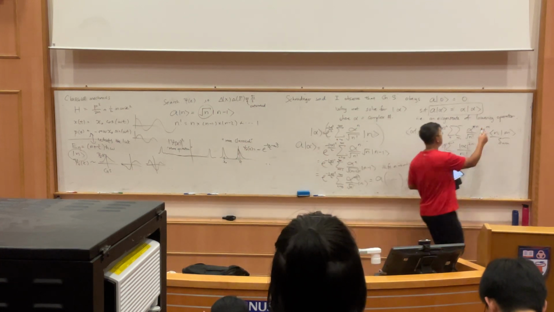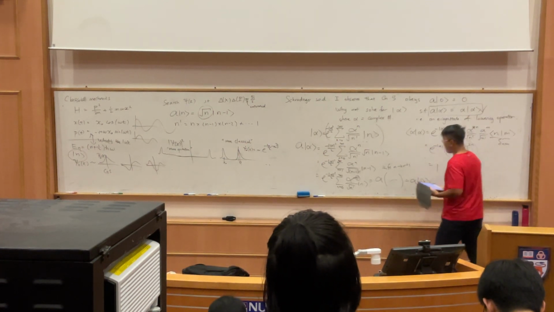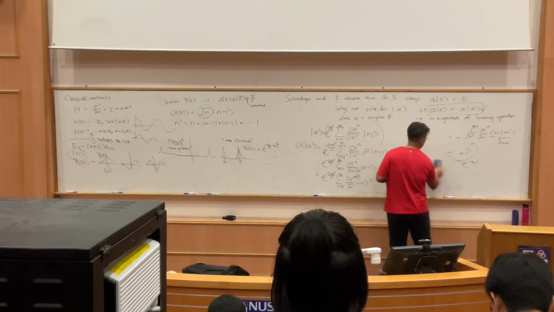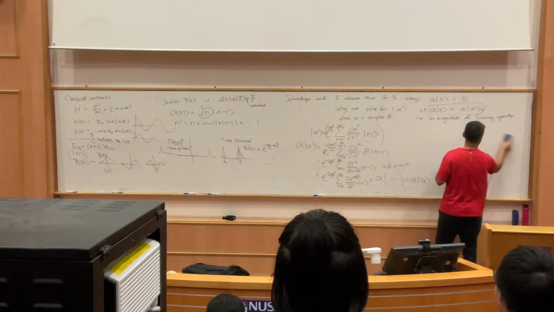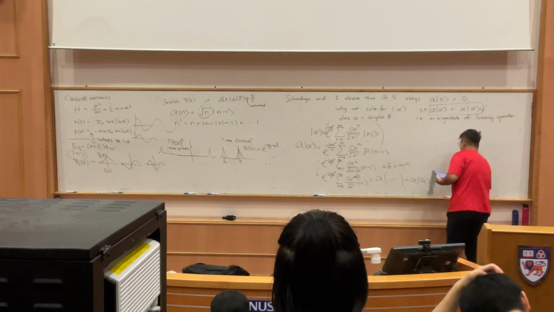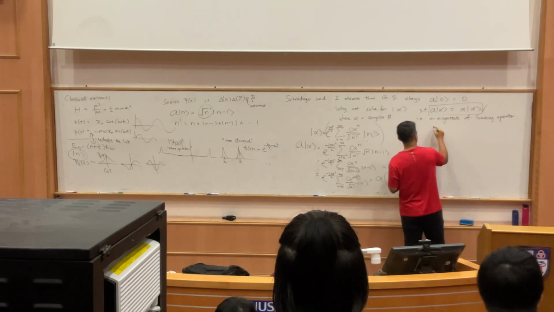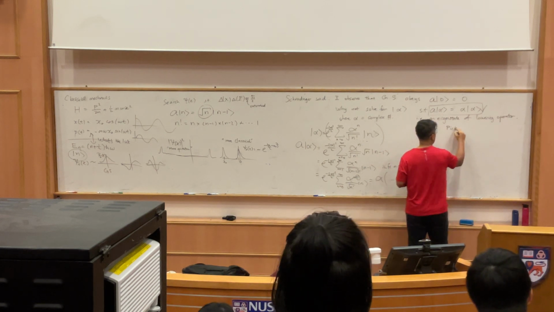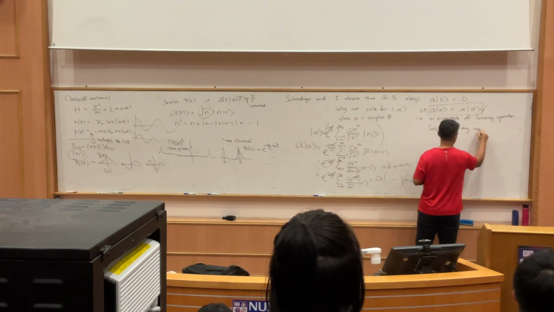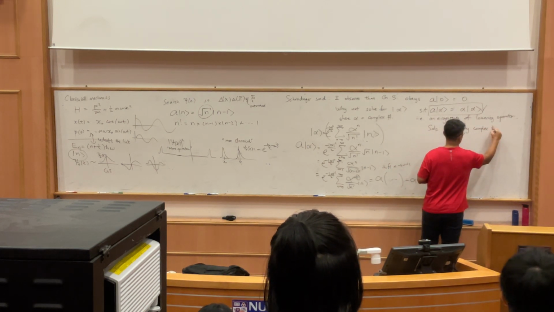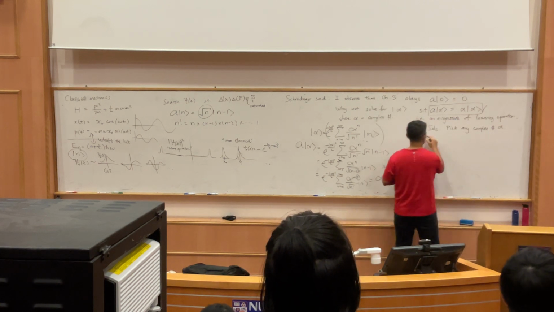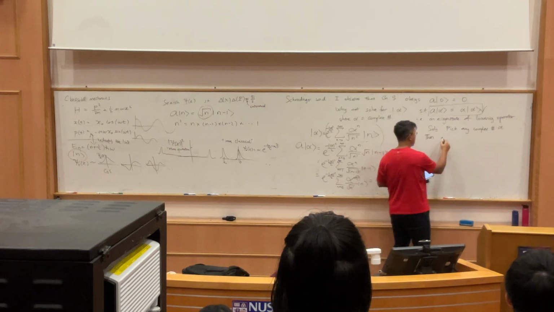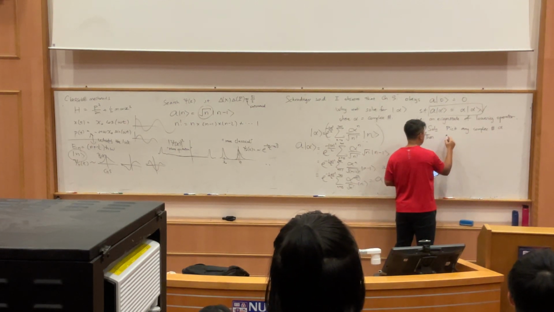Okay, so let me write it down and just tabulate the state. So the solution is this. Pick any complex number alpha. Then this state is going to be called the coherent state.